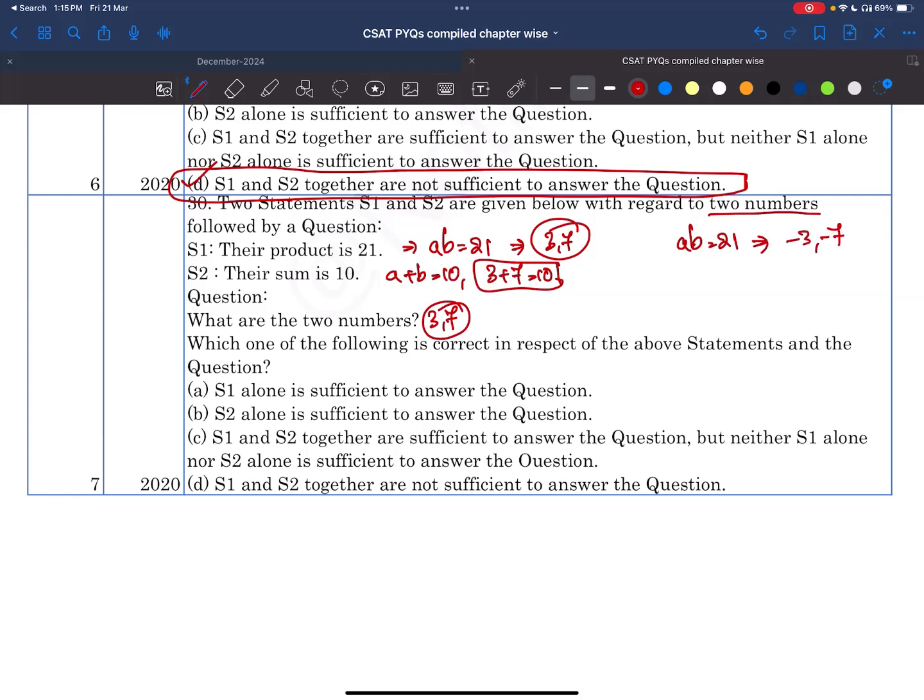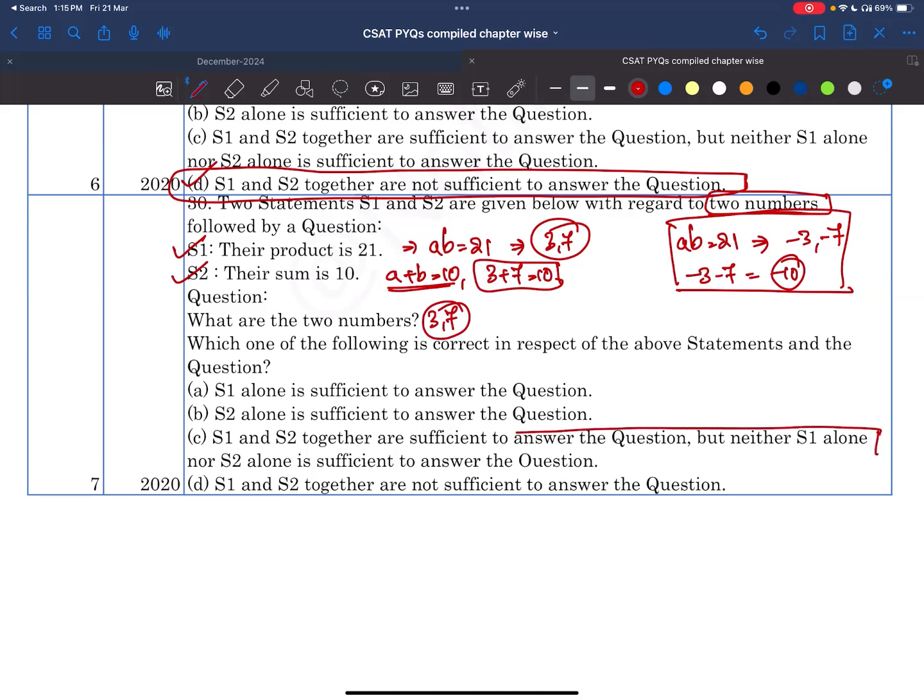Now see, he's telling the sum, right? That means if minus 3 and minus 7 are added, we'll get minus 10. Right? This is also one possibility. He's telling just two numbers, right? Not natural numbers. The integer values are also possible, right? That means we need both statement 1 and statement 2 to answer the question correctly, right?